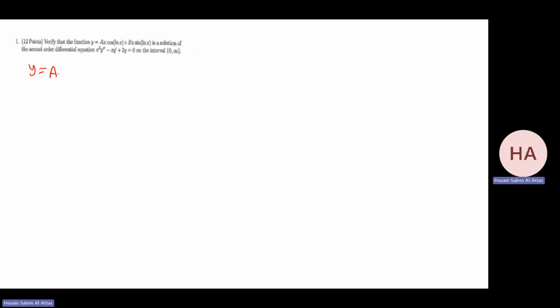Y equals ax cosine of ln x plus bx sine of ln x. Note the interval 0 to infinity, because the domain of the function is from 0 to infinity, because of the ln. Okay, so y prime will be what?